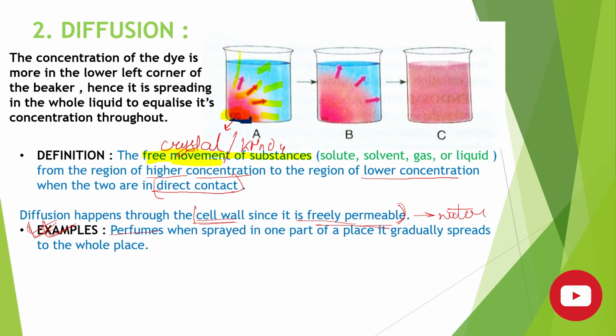You all know that when two bodies have different temperatures, suppose this body has a temperature of 50 degrees and this body has a temperature of 10 degrees, and if these two bodies are kept in contact, then heat flows from the hot body to the cold body, until both of them come to the same temperature.